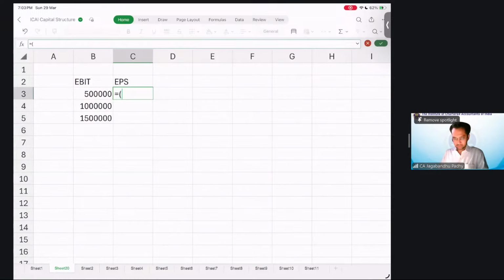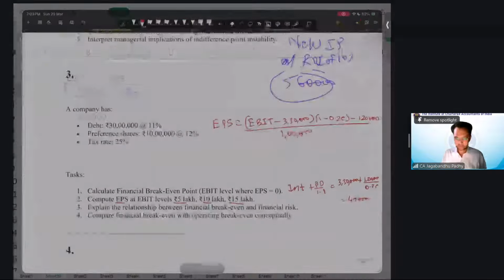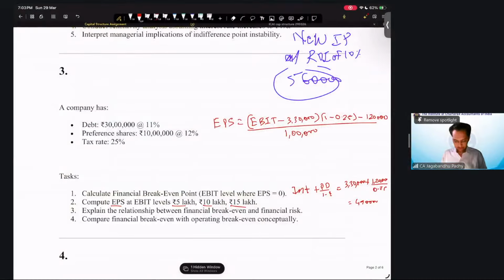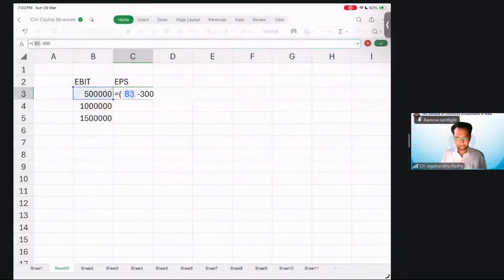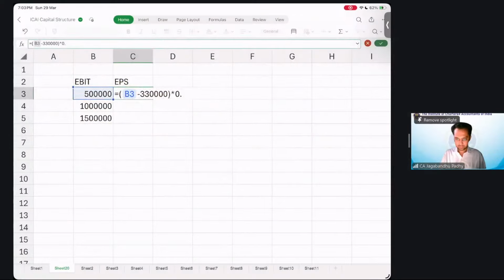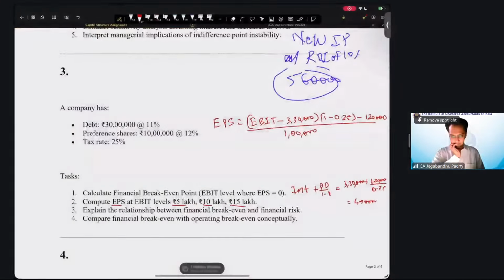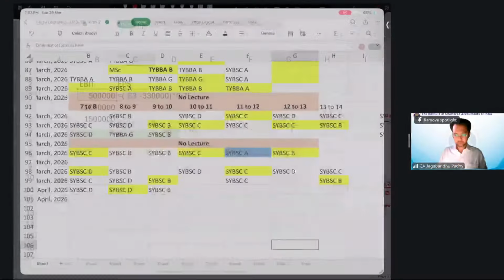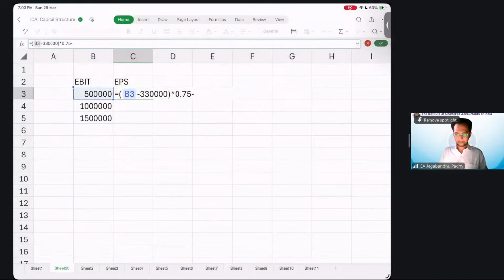So EPS numbers are EBIT minus interest is 3,30,000 to 0.75. Make it as 1 minus T. 0.75 minus 1,20,000 preference dividend.